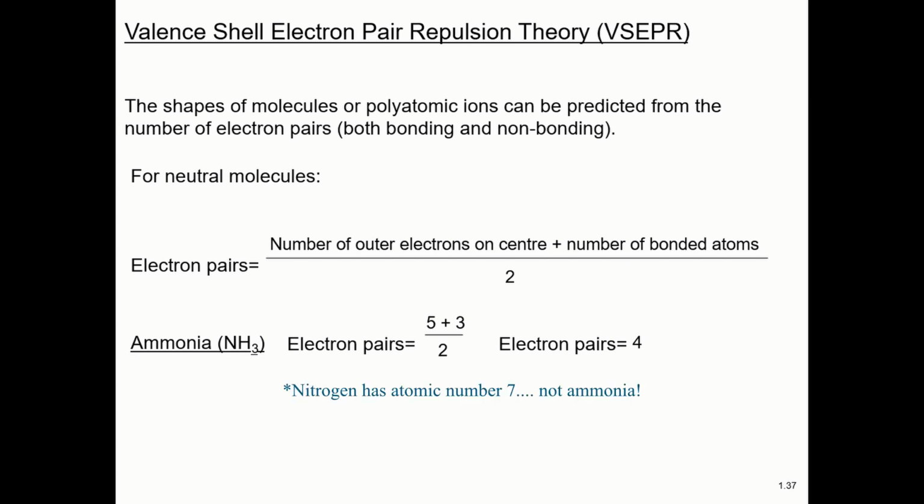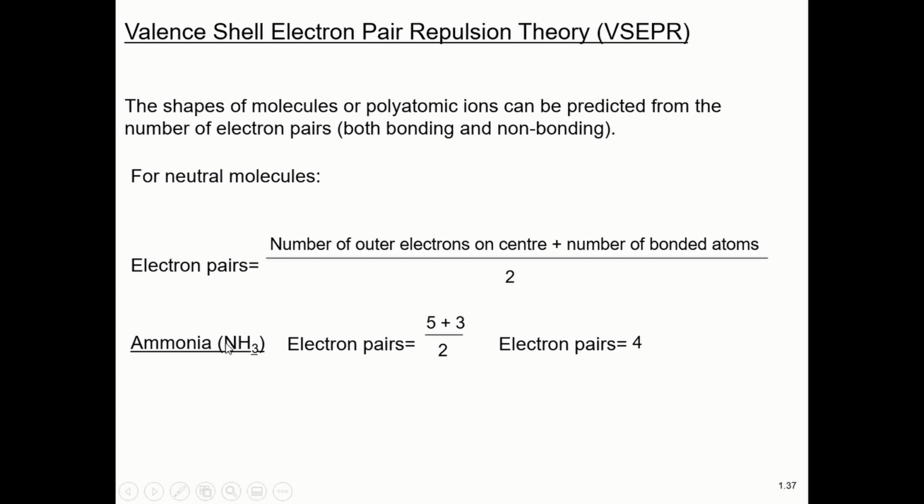And so its atomic number 7 means its electron arrangement is 2, 5. So 2 in the first shell, 5 in the second shell. So the second shell, the outer shell, has 5 electrons. That's where this 5 has come from. There are 3 hydrogens attached to that nitrogen, so we add 3. So the number of outer electrons plus the number of bonded atoms, so 3 have bonded to the nitrogen, do not include the nitrogen, and then we divide that by 2 to see that there are 4 electron pairs.